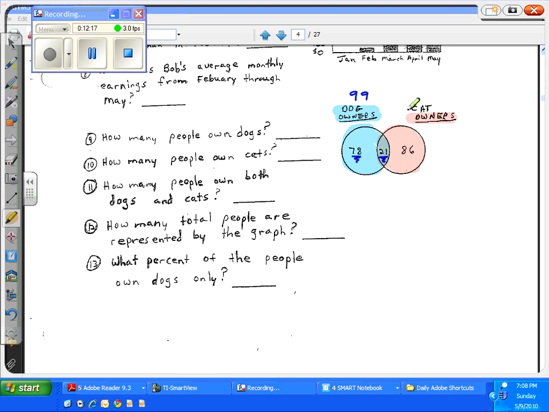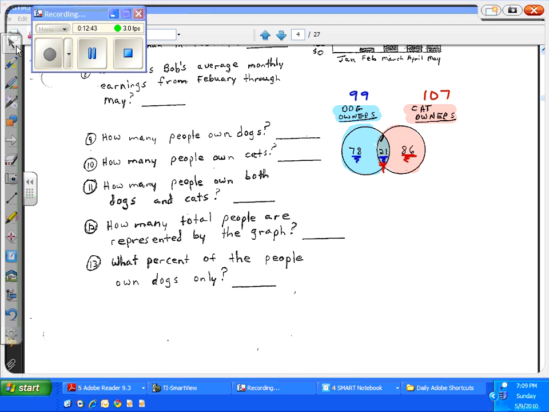So everything in the pink circle is cat owners. And so if you want the total cat owners, you have to add the 86 plus the 21, which is 107 total cat owners.